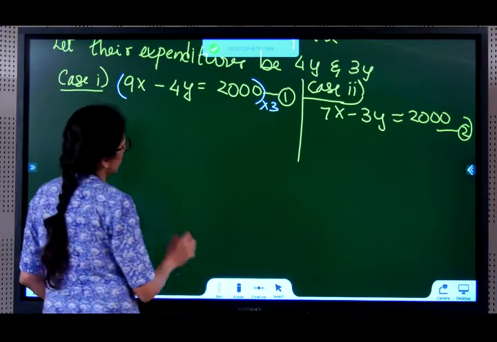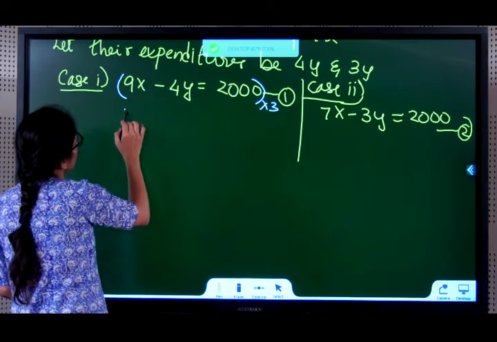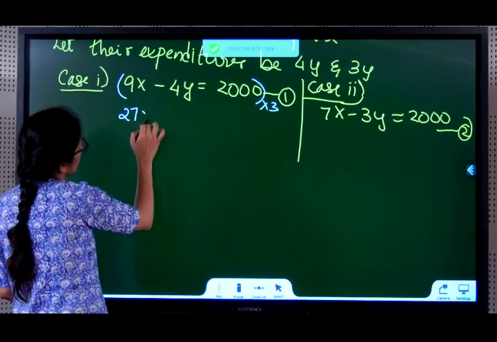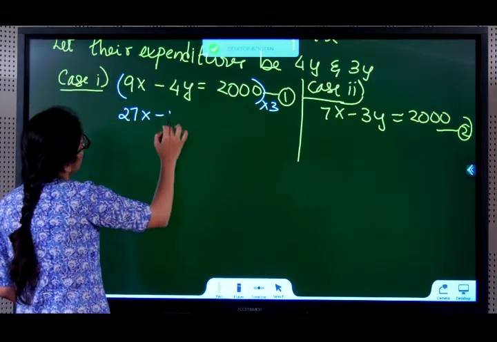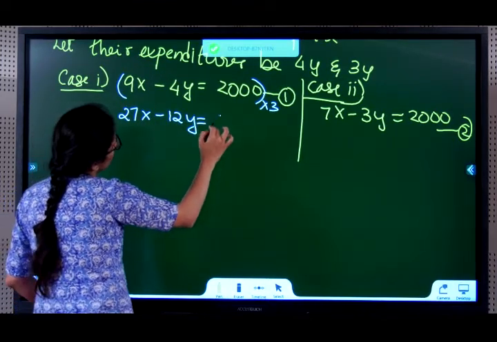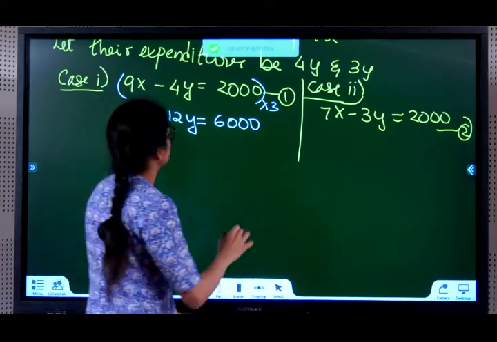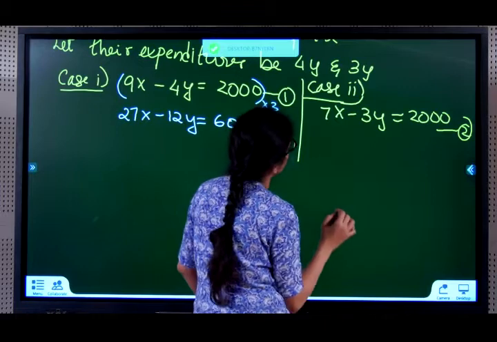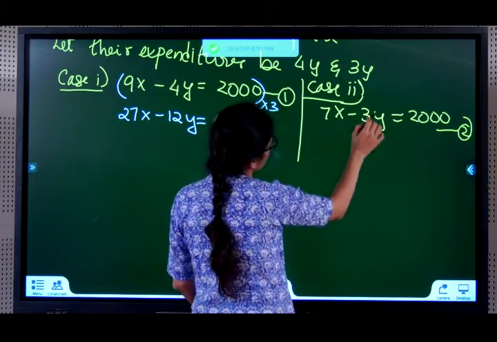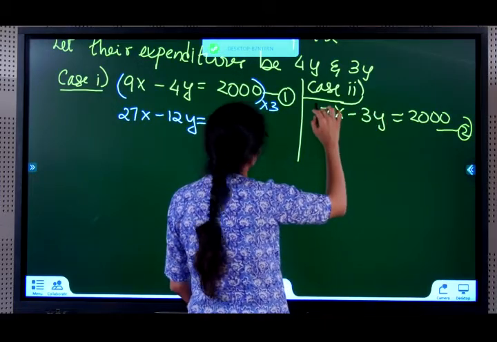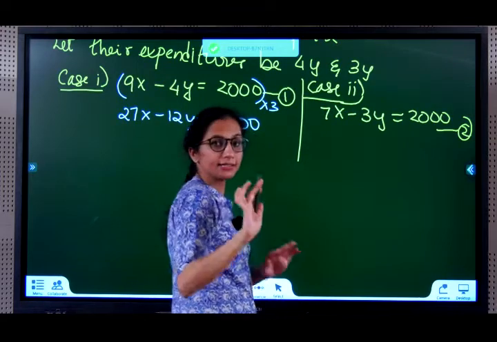Agreed? Yes. So 3 into 9, 27x, 3 into 4 minus 12y is equal to 6000. Fine? Now coming here, you want to make this number 12. How do you make the number 12? Don't worry about the signs, leave the signs, okay?